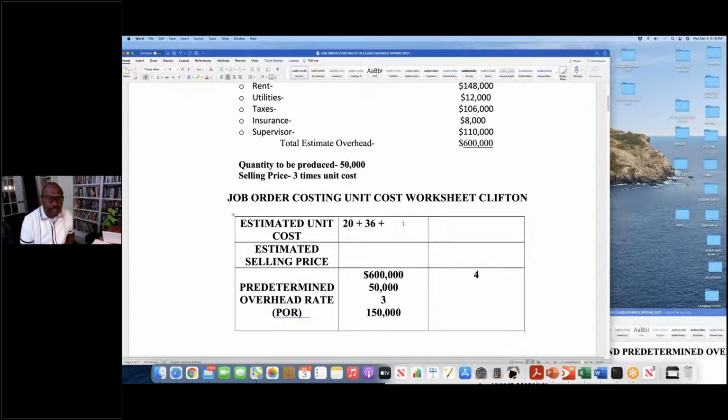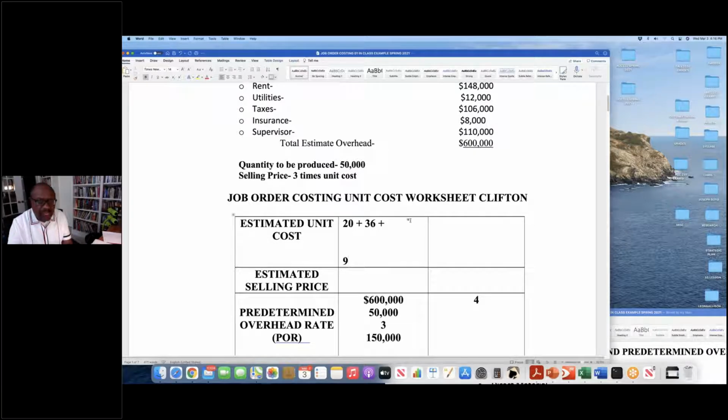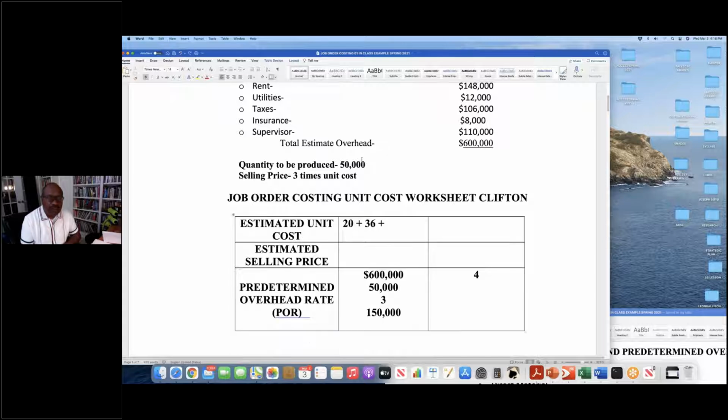So if we want the unit overhead cost, what's that going to be? Put in parentheses here. That's when we take 4 and we times it by 3, which will be 12, right?